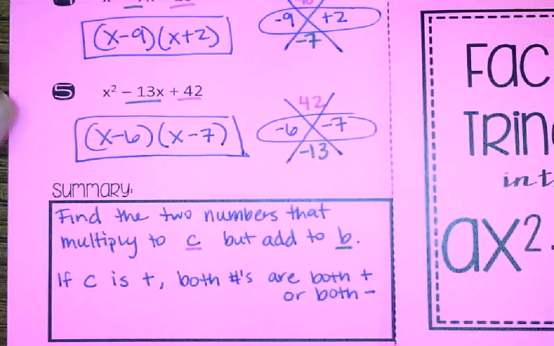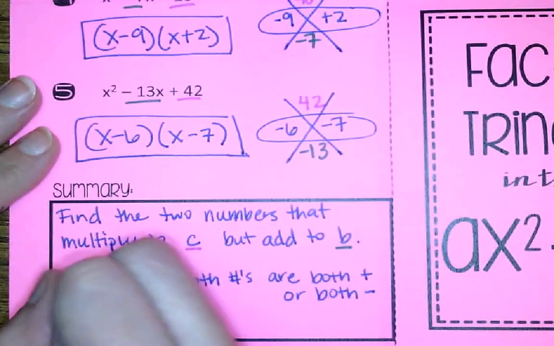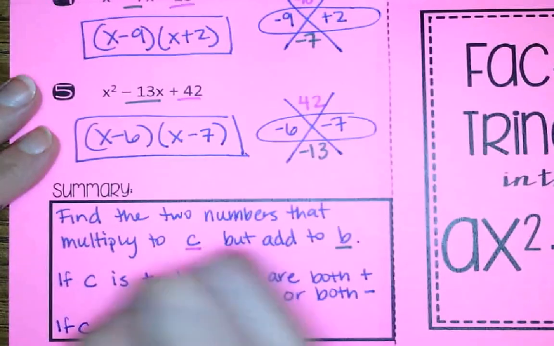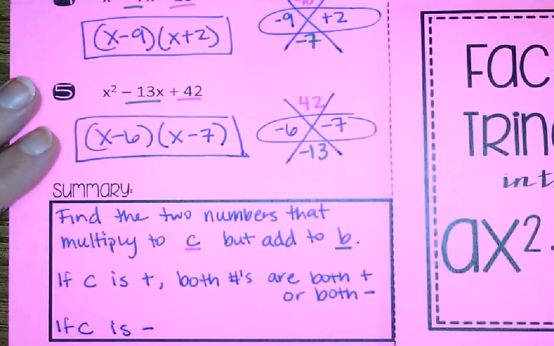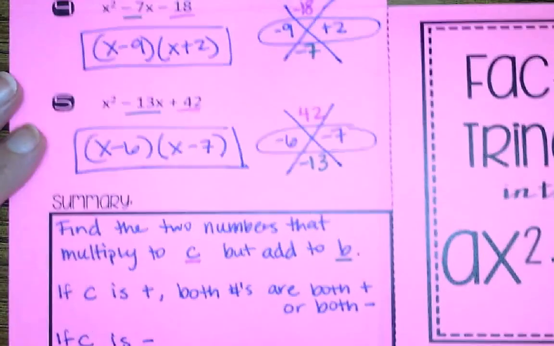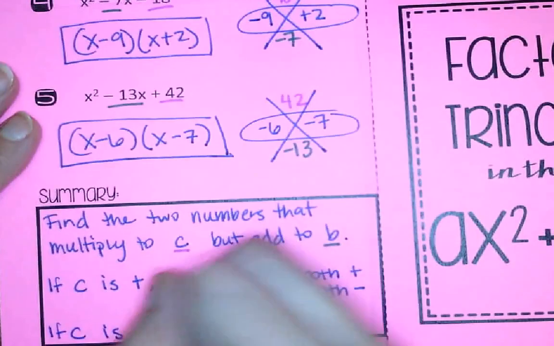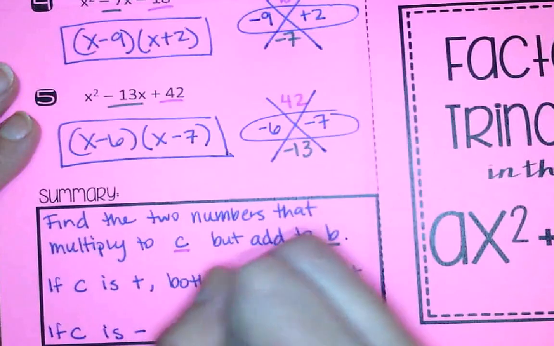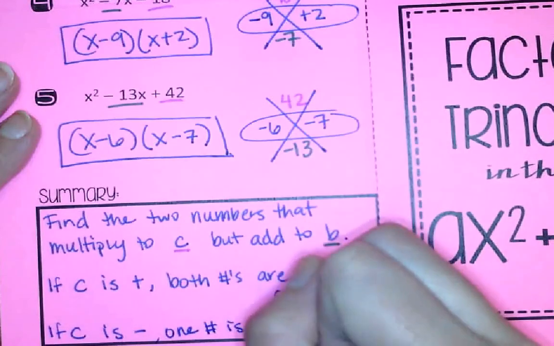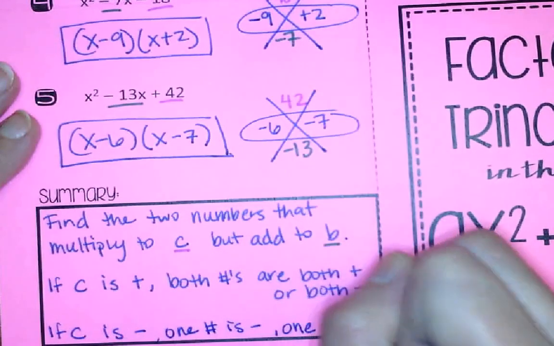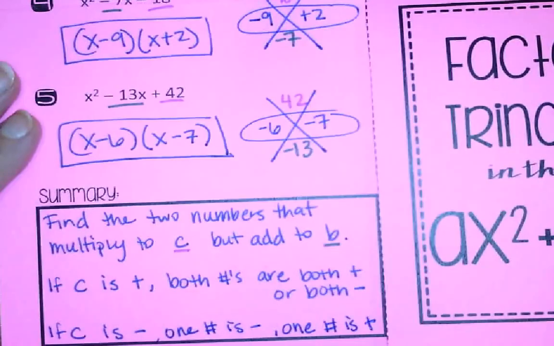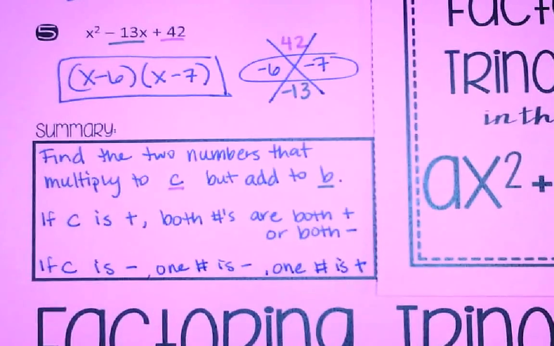All right? But guys, if your C is negative, what is true about that? Oh, one number is negative and one number is positive. Do y'all feel good about that? So, if C is negative, one number is negative and one number is positive.